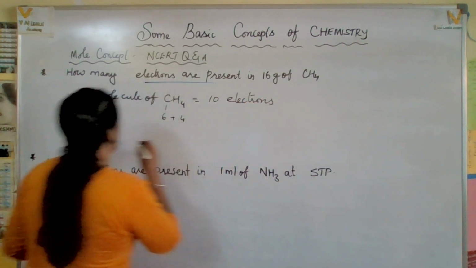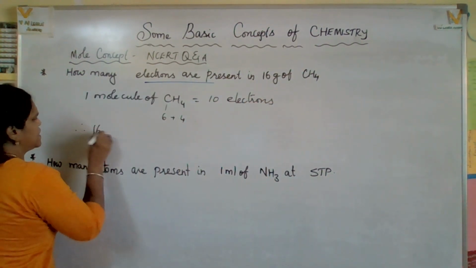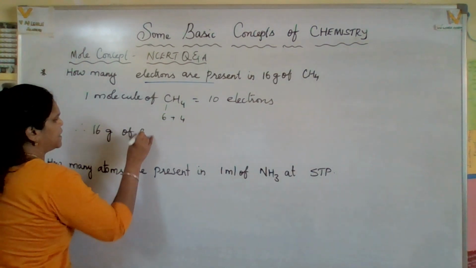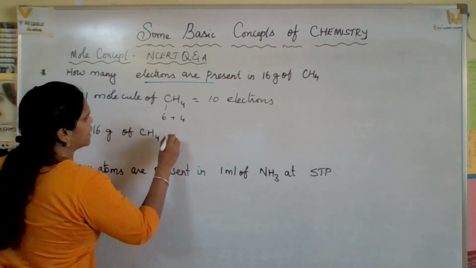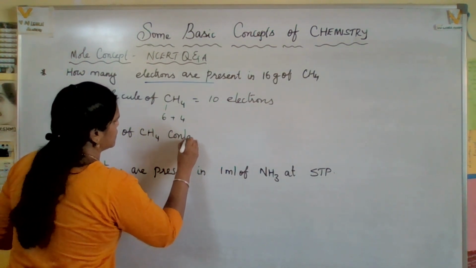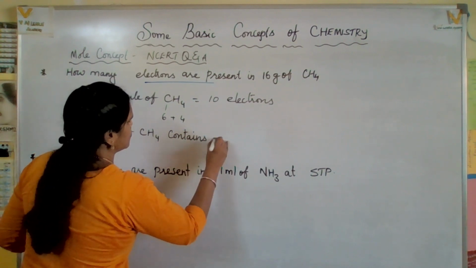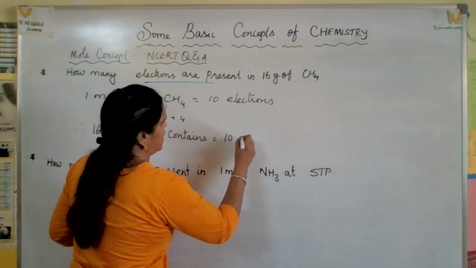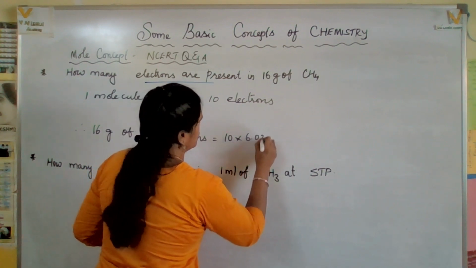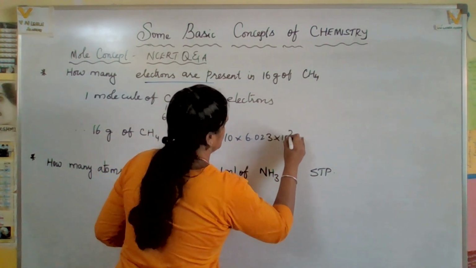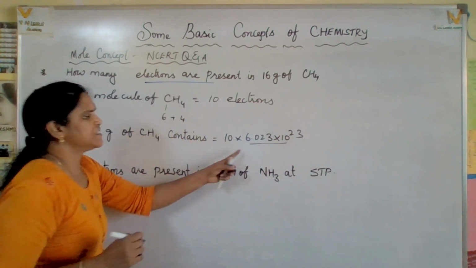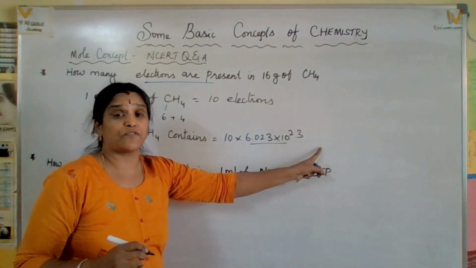Right. Therefore, 16 grams of methane, CH4, contains 10 into 6.023 into 10 to the power of 23. Why did I mention 6.023 into 10 to the power of 23?